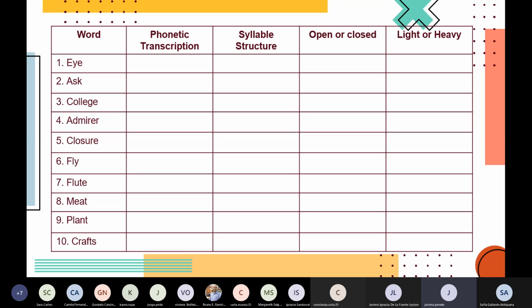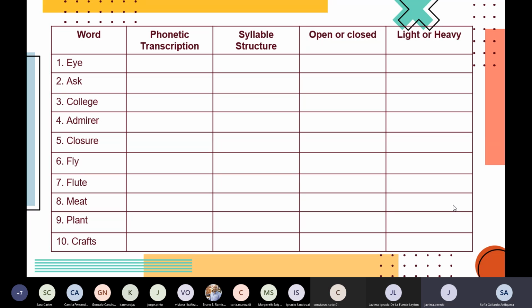Yes, consonant, vowel, consonant, closed, and I'm not sure if it's light or heavy. I think it is heavy. Okay, we will check them.